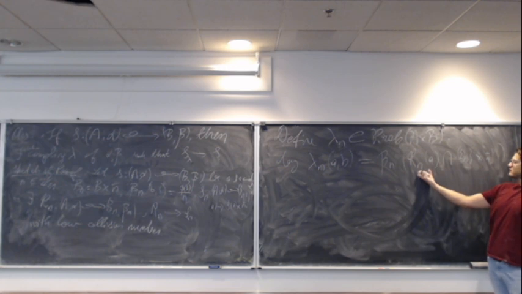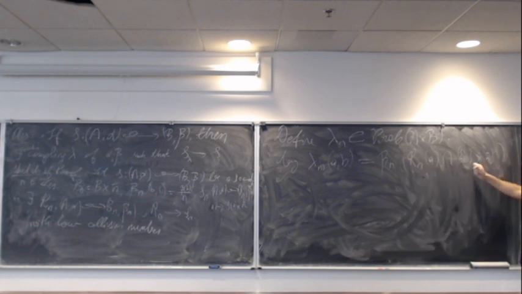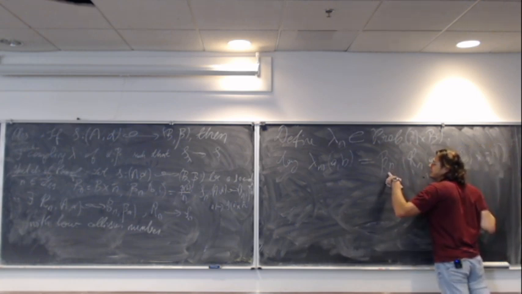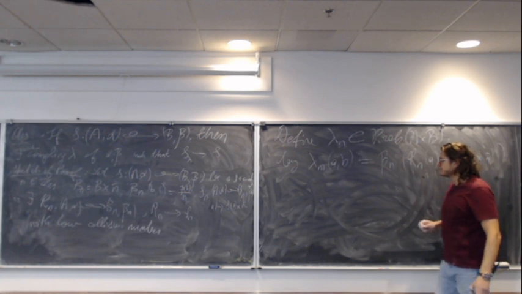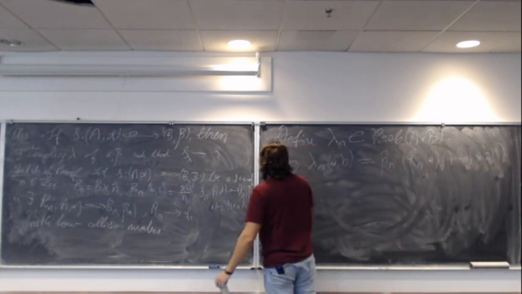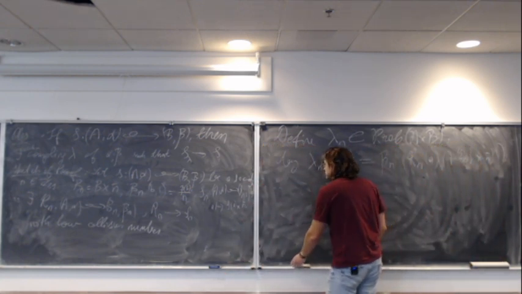So this is a subset of B times n. I'm looking at vertical slices. I'm taking intersection, and I'm looking at how many of this finite set, this particular set hits. That defines a probability measure, and then you realize three things.